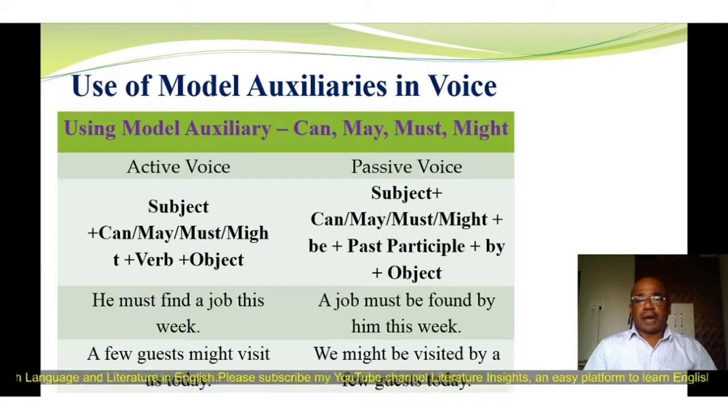Passive voice: we might be visited by a few guests today. So these are the examples of active voice and passive voice using modal auxiliaries must and might. So the student has to keep in mind these formulas for changing the active voice to passive voice using modal auxiliaries like can, may, must and might.